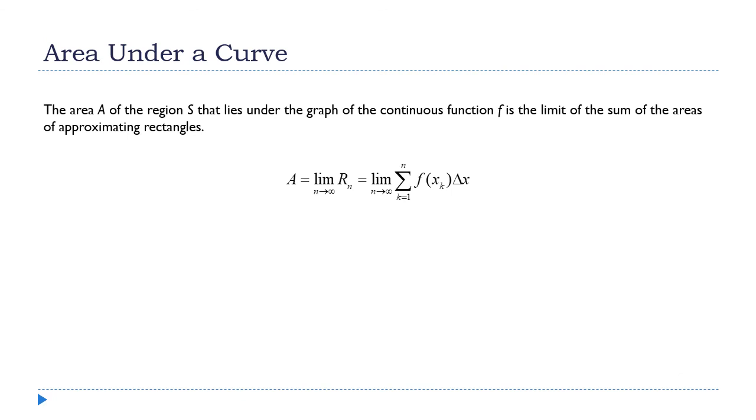So this brings us to our definition for the area of the region under the graph of a function. First, as we have so much of the class, we're talking about a continuous function, right? I'm going to define the area of the region under the graph of a continuous function to be the limit of the sum of the areas of the approximating rectangles. And that's what this is saying. Now, I've phrased this in terms of R sub n, the right-hand rectangles, the right-hand Riemann sum.